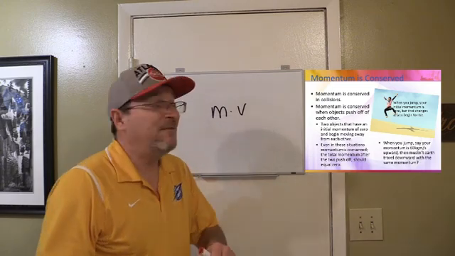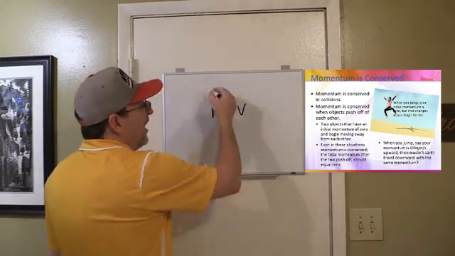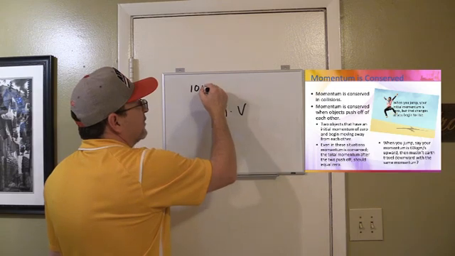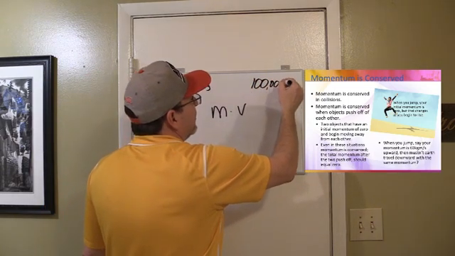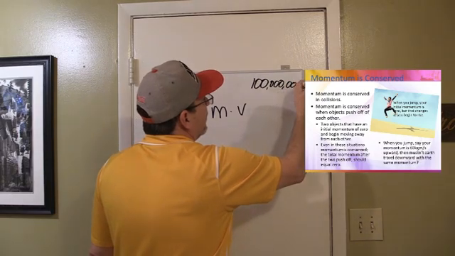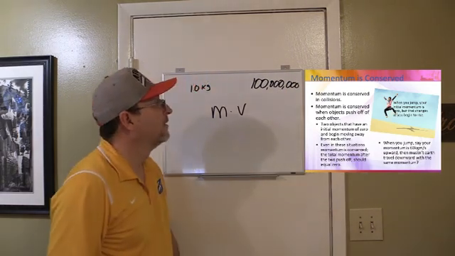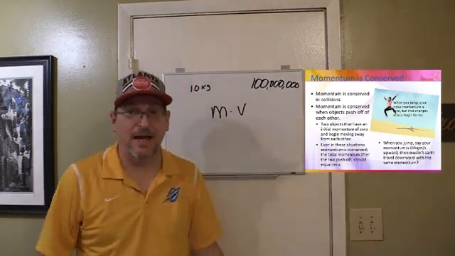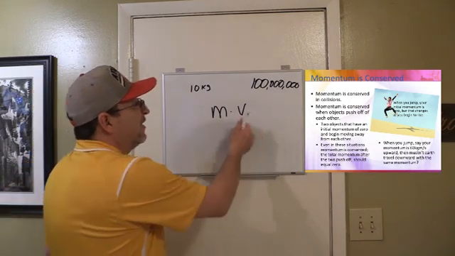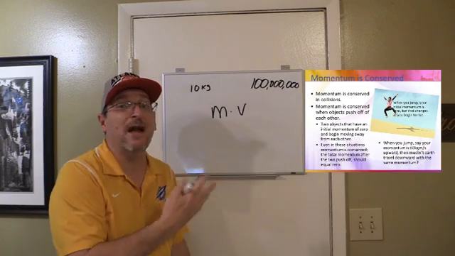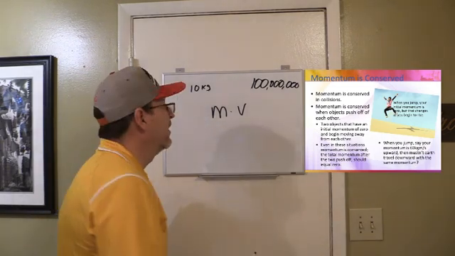If you have a mass of 10 kilograms and the Earth, I'm just making this up completely, has 100 million kilograms, to get the same momentum, the velocities would have to be incredibly different.